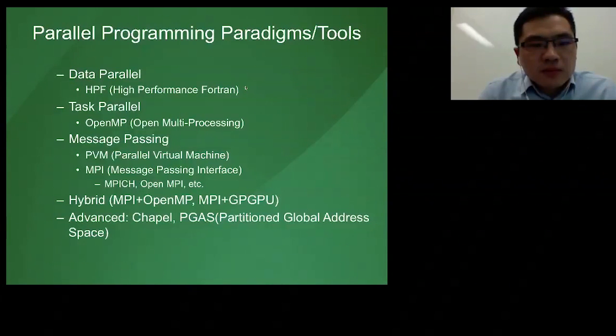There are even some hybrid ones. For example, MPI plus OpenMP and MPI plus GPU, CUDA. And some even more advanced tools like Chapel and PGAS, that is partitioned global address space.